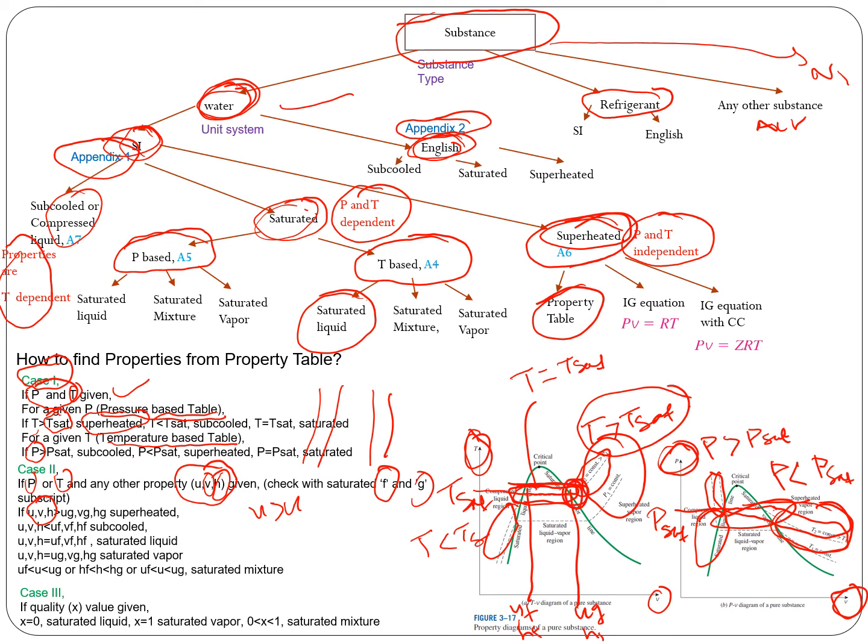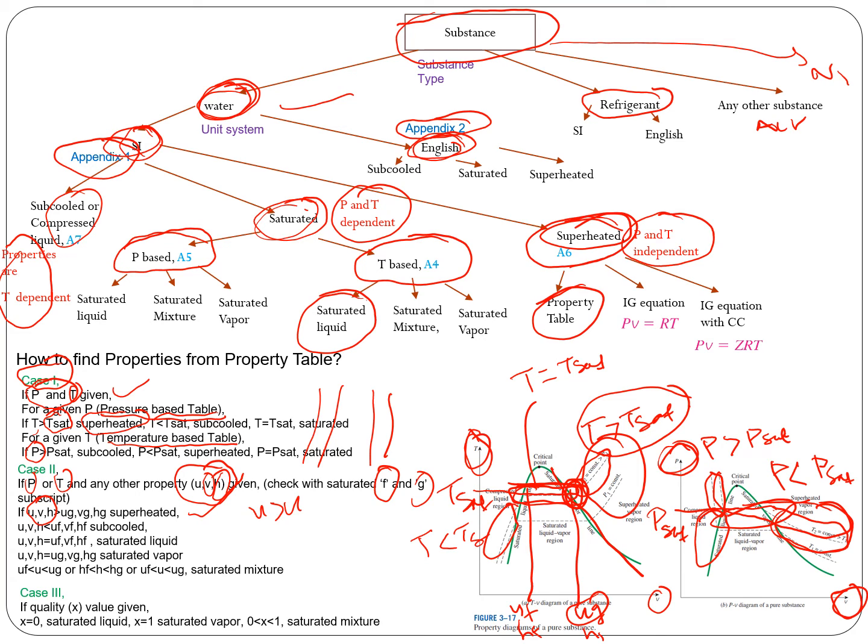This value UG is the case of saturated vapor. So if any one of these, whatever is given, is greater than this UG or HG or entropy G, it is a superheated region. That's how you know it.